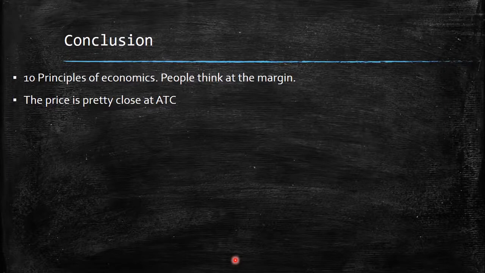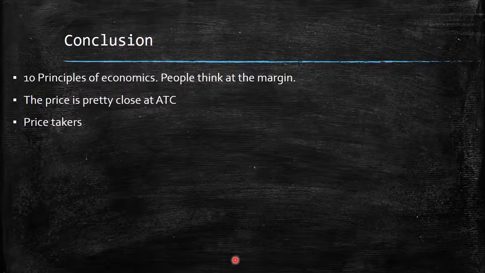So every time you buy something which is really competitive, you can be sure it's going to be the same. And consumers and producers are price takers. They cannot change this. So these are some changes that we will see ahead.